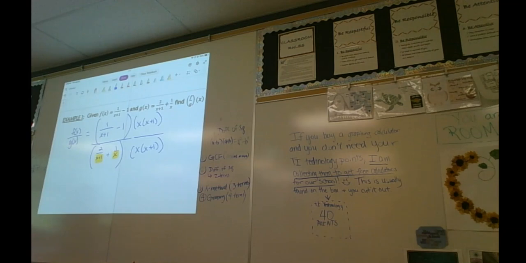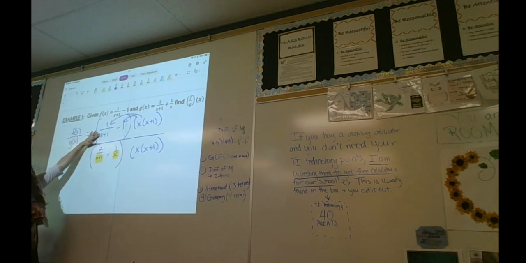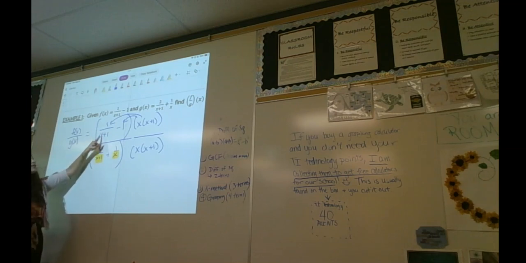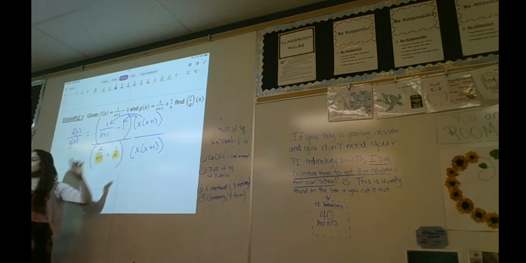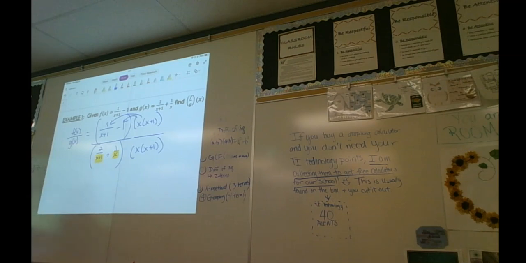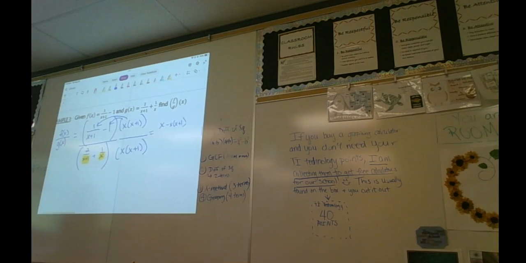Then I distribute. So when I distribute to the 1 over x, what's left? The x plus 1's cancel, 1 and x, right? So your x plus 1's cancel, you're left with x. When I distribute it to the minus 1, it's just minus x times x plus 1, all over.